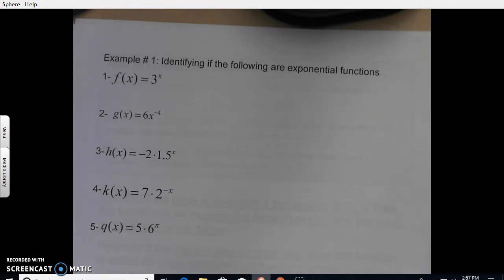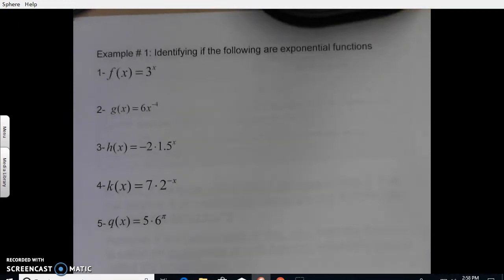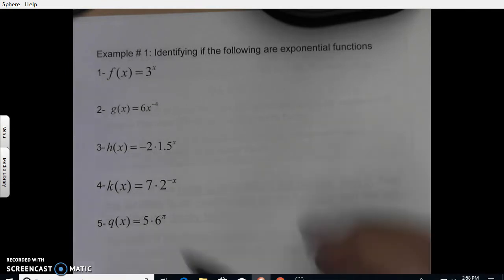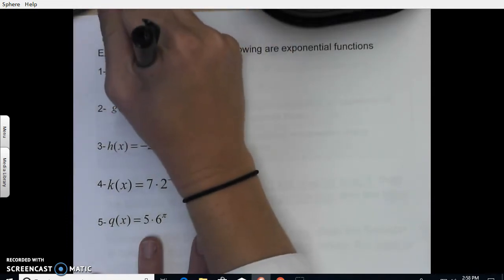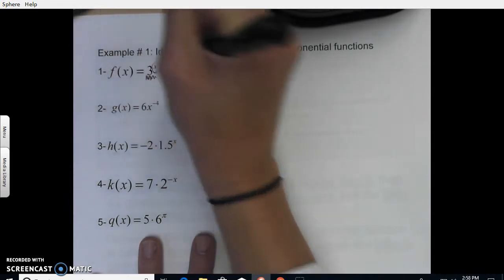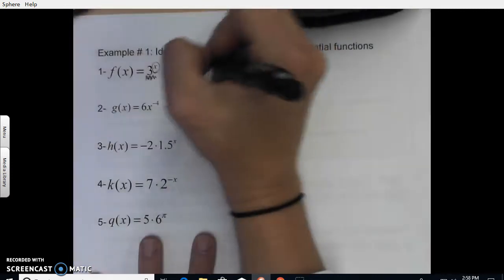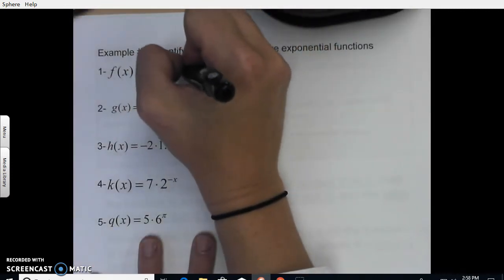If we need to identify whether the functions are exponential or not, we need to see if our variable is in our exponent. And if we have a base, so here we have a base of 3 and an exponent of x, therefore this is exponential.